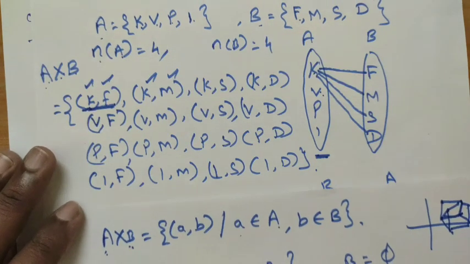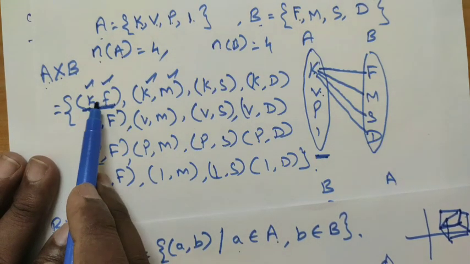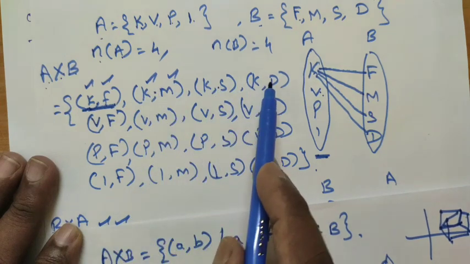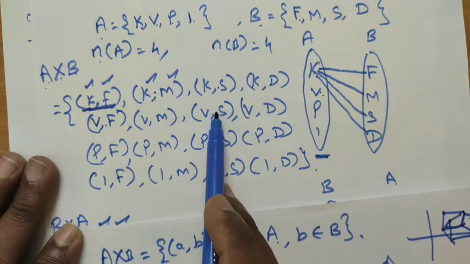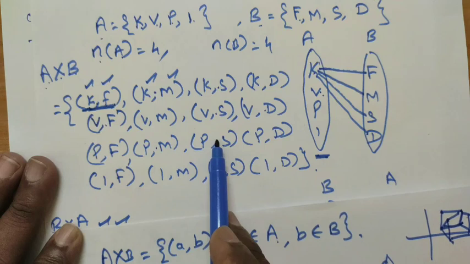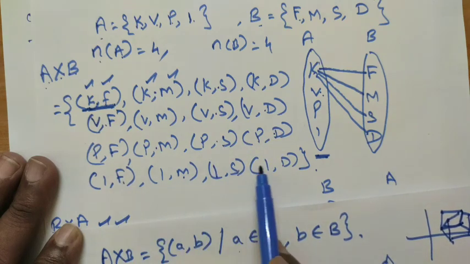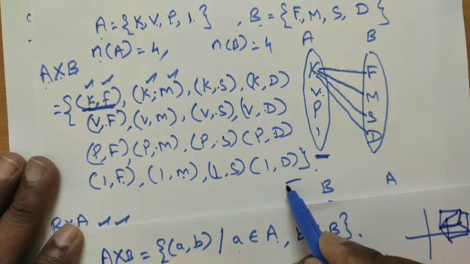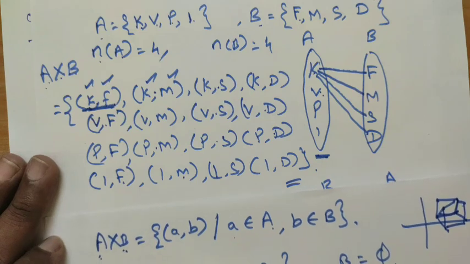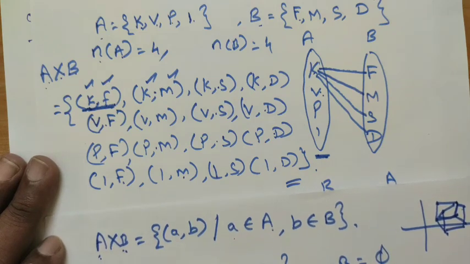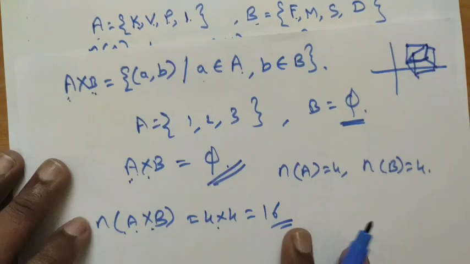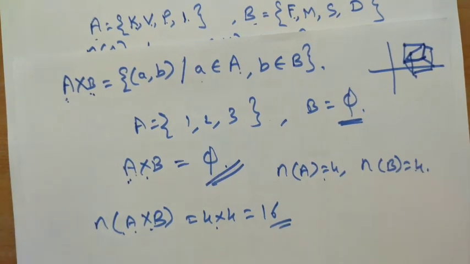Let me check: 1, 2, 3, 4, 5, 6, 7, 8, 9, 10, 11, 12, 13, 14, 15, 16. This is one way of counting the ordered pairs. When we multiply the elements of these two sets, we get the number of ordered pairs.